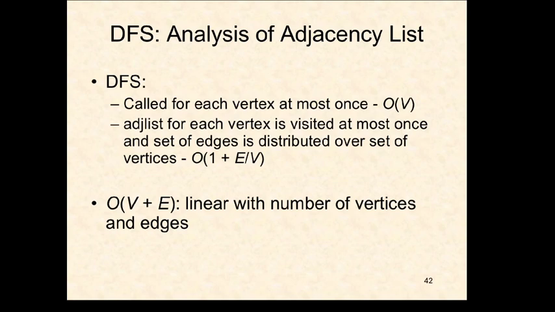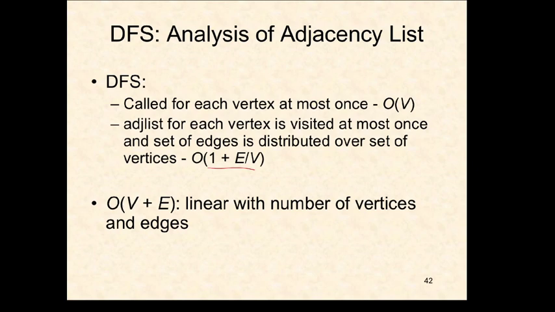The ones that get popped, we then have to visit their adjacency list. When I pop one off and visit its adjacency list, it takes 1 plus E divided by V time to visit everything that this vertex is adjacent to and see, hey, has this vertex already been visited? If not, push it to the stack, etc.